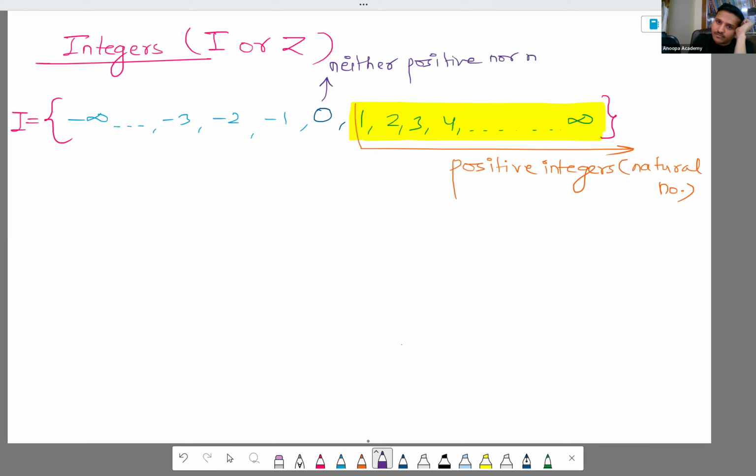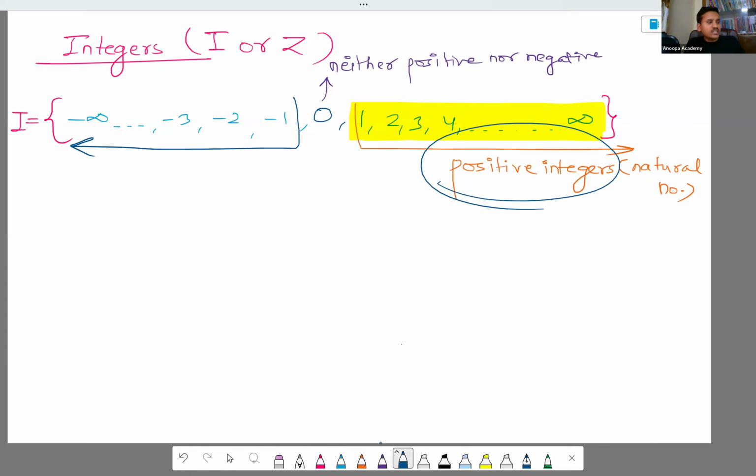Now, if you look at these numbers, -1, -2, -3, and so on, they are all negative integers, right? Here we have positive integers, here we have negative integers.